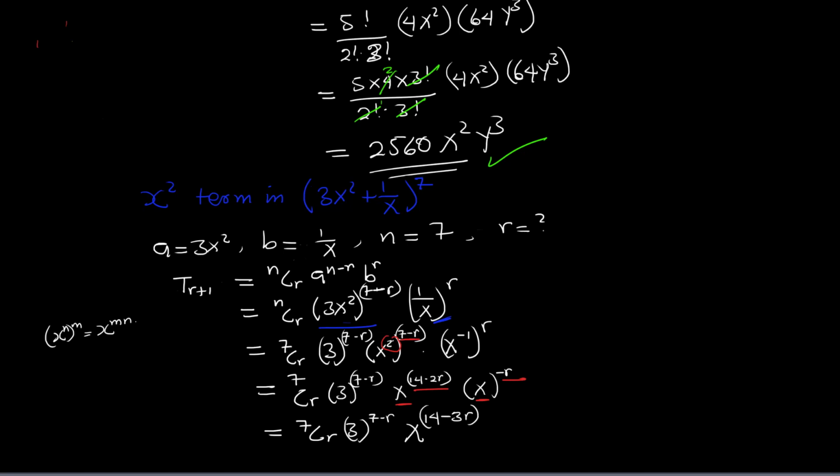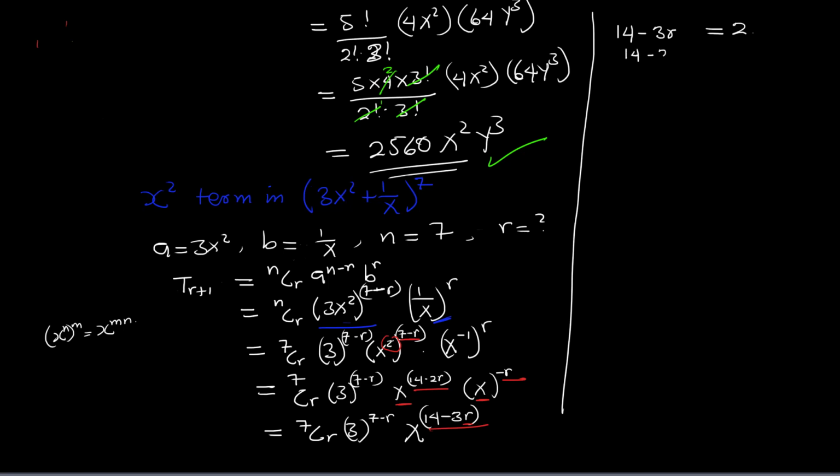Now, let's make some room here. Once we are told that we should find the x squared term, then it means that in this expansion, there will be an x squared term. So we equate the exponents of x to 2 to find the value of r. So here we have 14 minus 3r will be equal to 2.